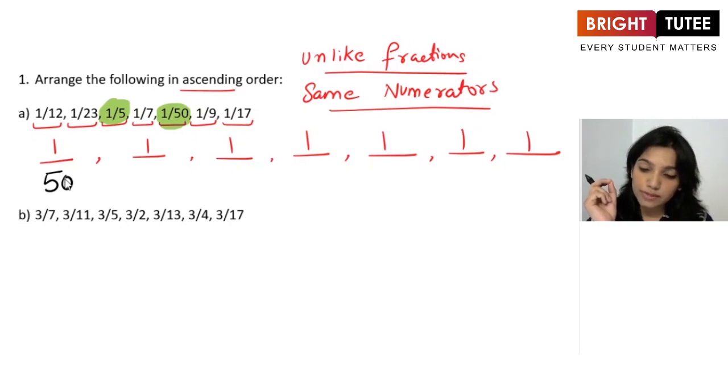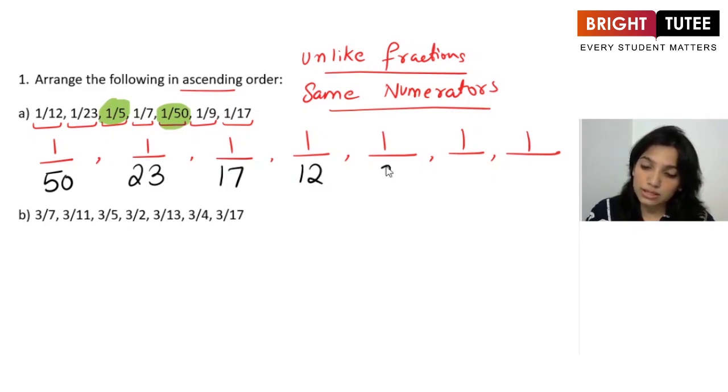Now after 50, I see 23 as the biggest number. Okay, so 1 over 23 will be the smallest fraction that will come after 1 over 50. Now the number after 23 is 17. Then after 17 is 12. Then what do we have?